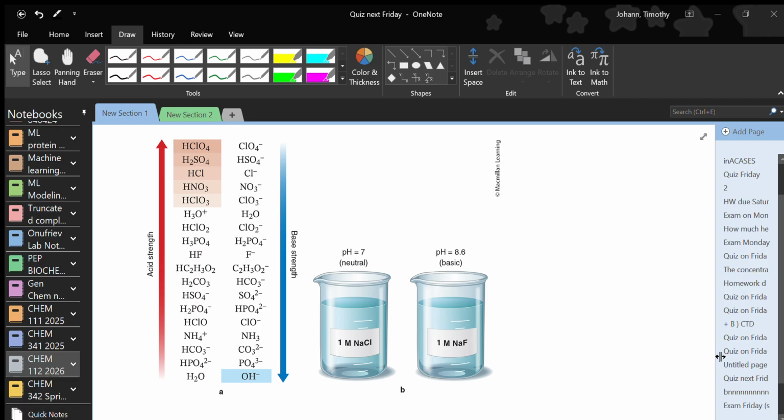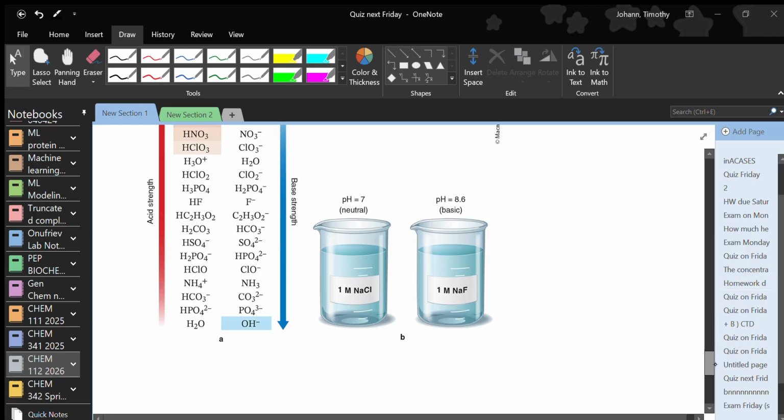The stronger the acid, the weaker the conjugate base. All right, this makes sense. If this is going to fully dissociate in solution, its conjugate base can't be picking protons out of water. It wouldn't be fully dissociated then. So that shows us that they're related, and we can actually think about this and do math at it.